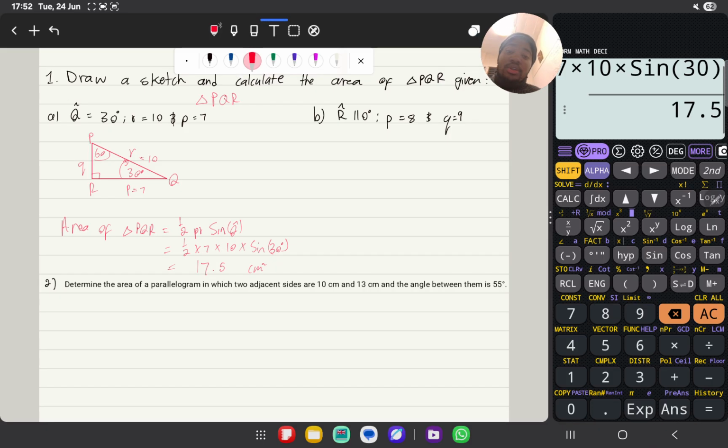For the second one, I know that the area of triangle PQR is going to be half PQ sine R, and that will be half times 8 times 9 times sine 110, right?